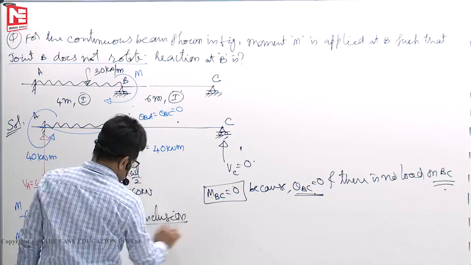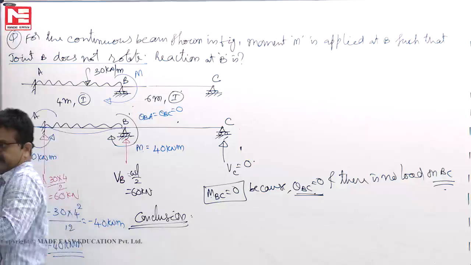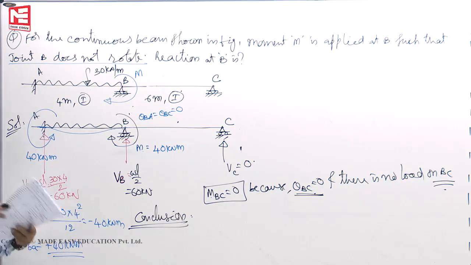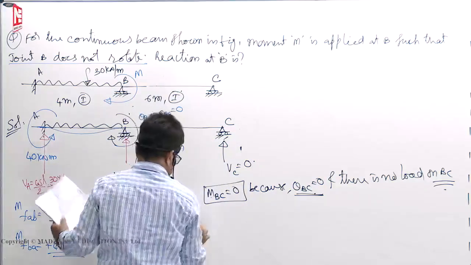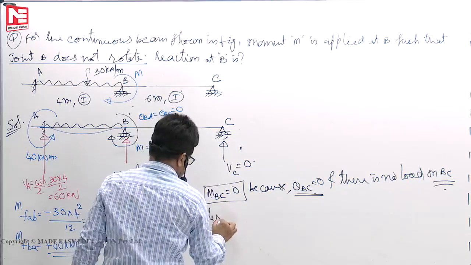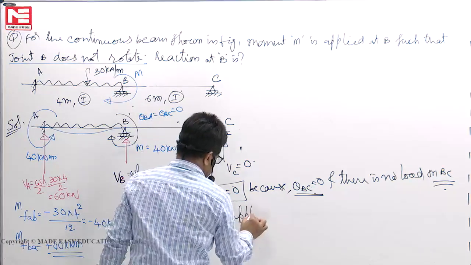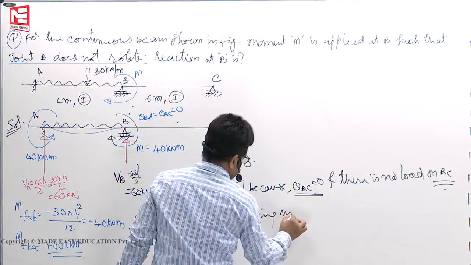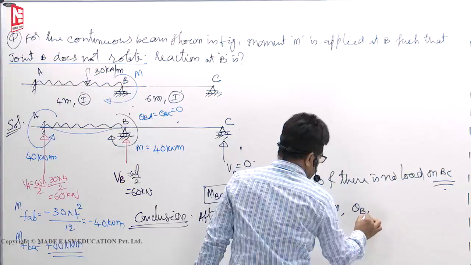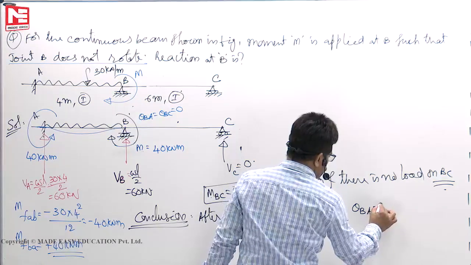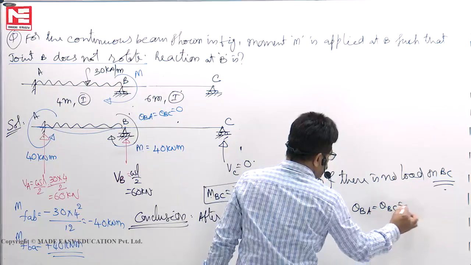Your line of thinking must be like this. After applying moment M, theta BA is equal to theta BC is equal to 0.